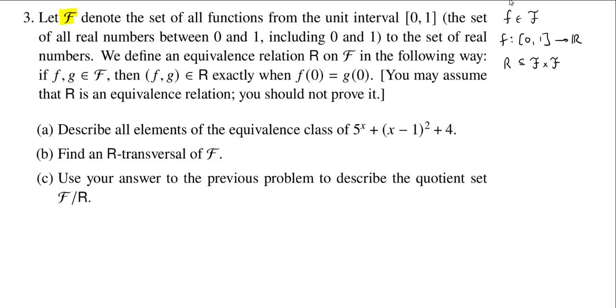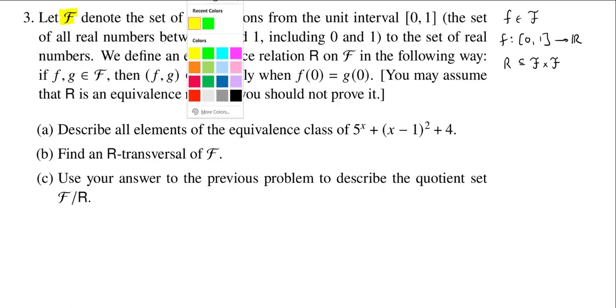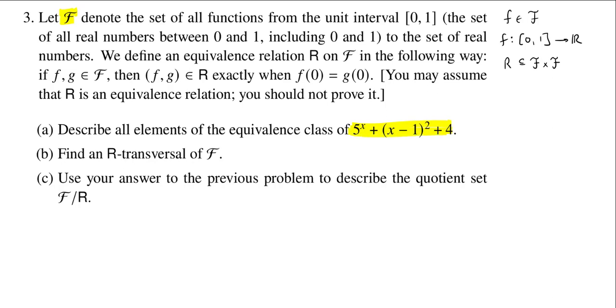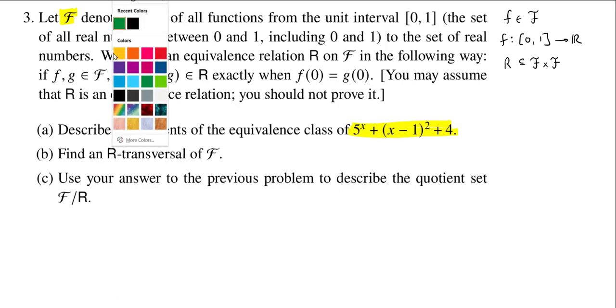This is a function whose domain could be taken to be 0, 1, and it spits out real numbers. So the equivalence class is going to be all of the functions that have the same value at 0 as this function. So let's write that down.